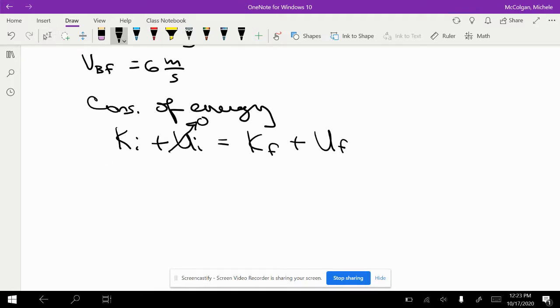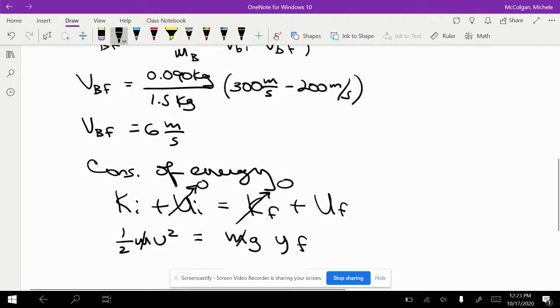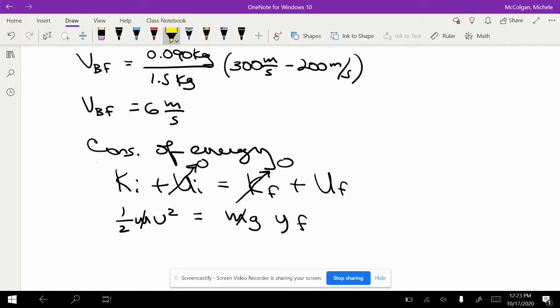We look back at our figure, and when we finish, the block has no kinetic energy. It's going to have all potential. So here I can say 1/2 mv squared is equal to mg y final. You cancel out my m's. I know the velocity I'm going to be using here. This velocity is the velocity of the block. I'm just talking about the block, so I'll be using the 6 meters per second.